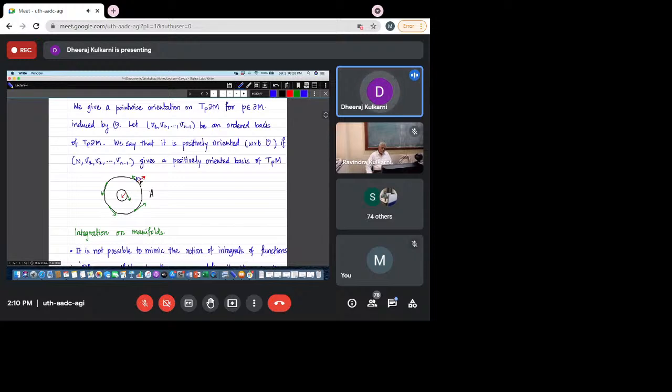So you have to go in the counterclockwise direction and get this vector. As a result, the inner boundary component of the annulus receives clockwise orientation, which is what we saw yesterday using the geometric argument, right?